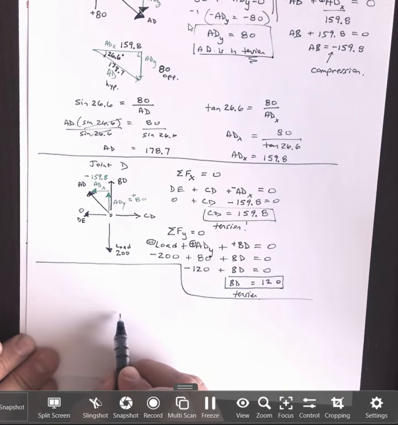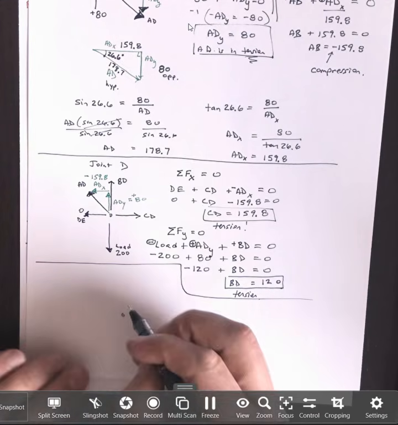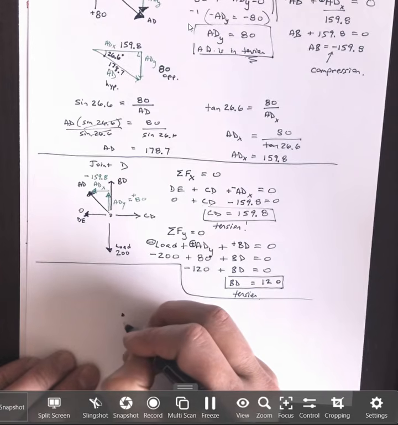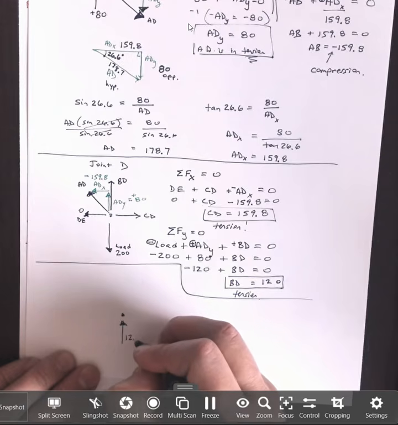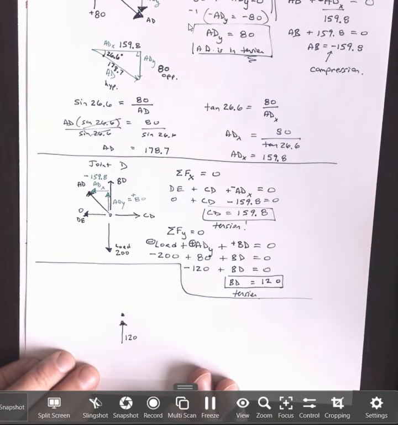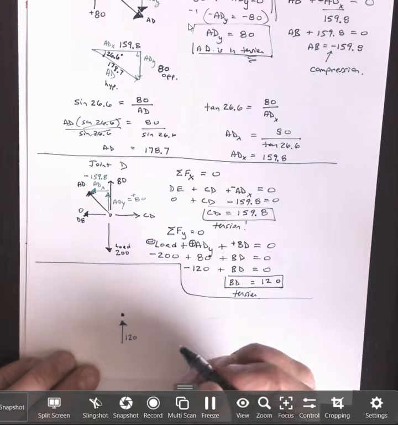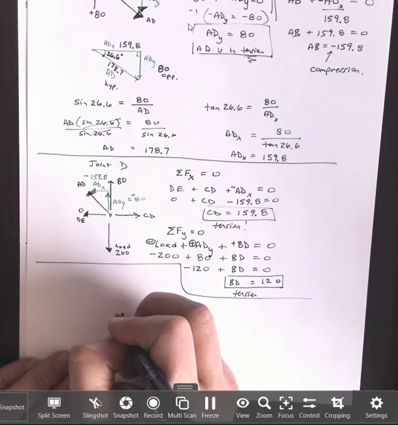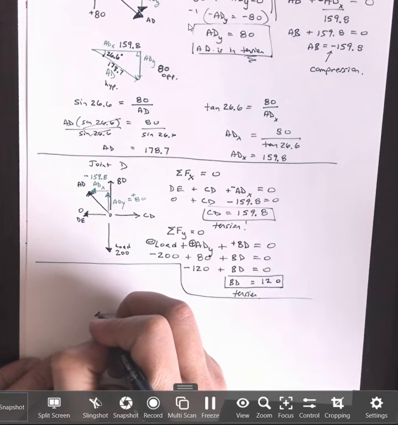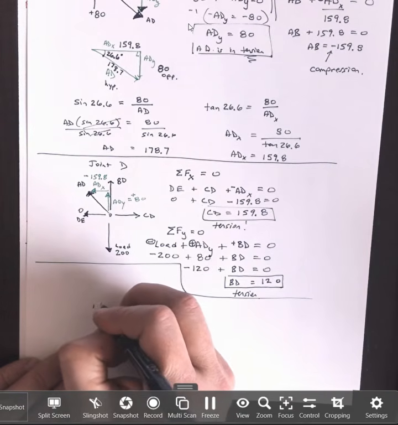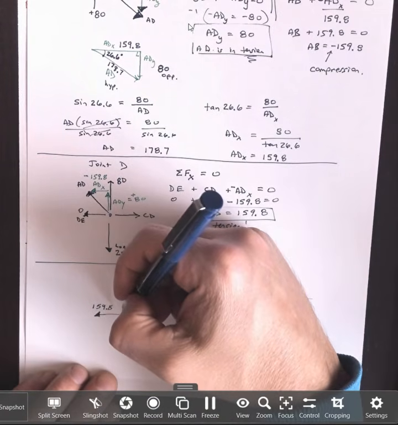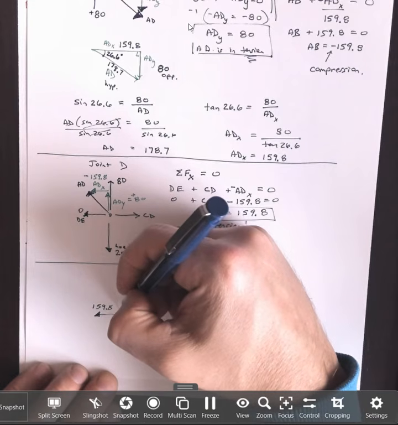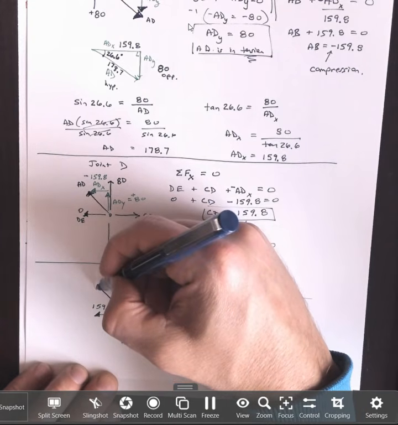So at C, we had a known 120 units of upward force. At CD, which we just found to be in tension, so that's away, we got the 159.8, and then we've got the diagonal BC, which we're going to assume tension again, right?